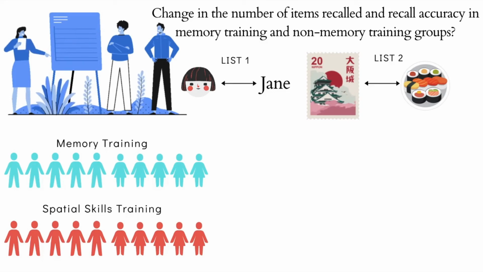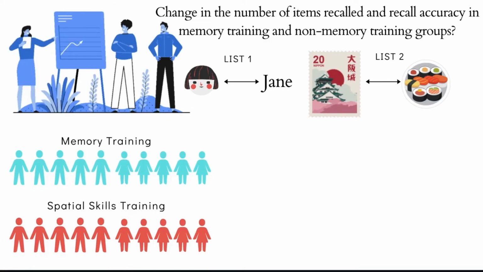Following this, the participants from both the groups are subjected to a pre-training measure or a pre-training test, wherein we subject them to a recall test, a memory recall. So let's look at some mock data that has been generated for the recall tests across the two groups. Remember that the participants in each of these groups have not been subject to any active training yet, and therefore we are getting a pre-training measure of the performance in the recall test.